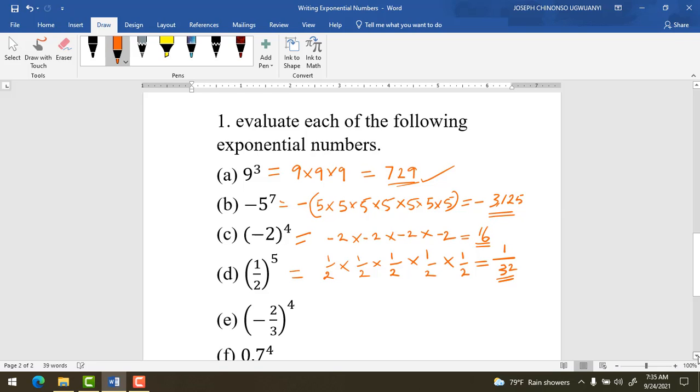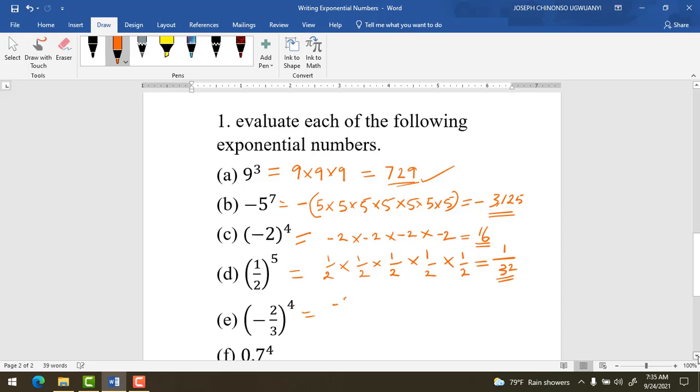Okay, here we have minus 2 over 3 in bracket, then all to an exponent 4. What do we have to do?